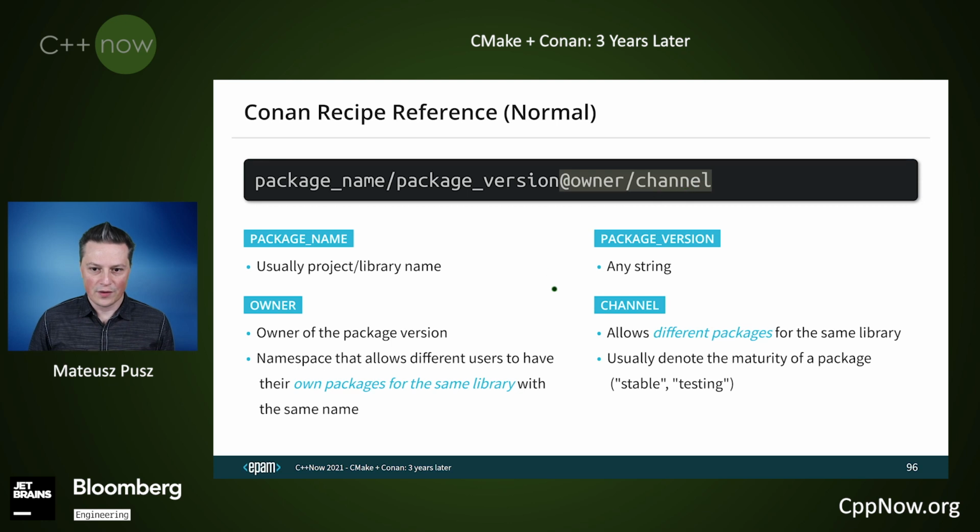And the channel specifies, let's say, a development branch. In most cases, it denotes the maturity of the package. It's either stable or testing, but you can use any string here. So here you provide yourself, or a company name, or maybe a project name. And here you provide, for example, stability or another identifier that you prefer to use to disambiguate those packages.